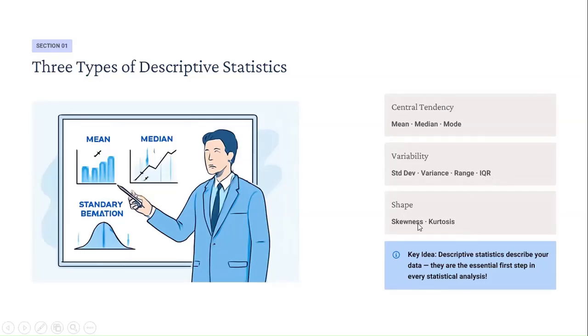Shape tells us the distribution pattern: skewness and kurtosis. In an upcoming video, we will also check normality using the Shapiro-Wilk test, which is very important for further analysis.